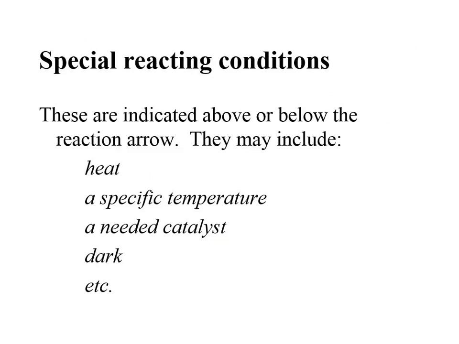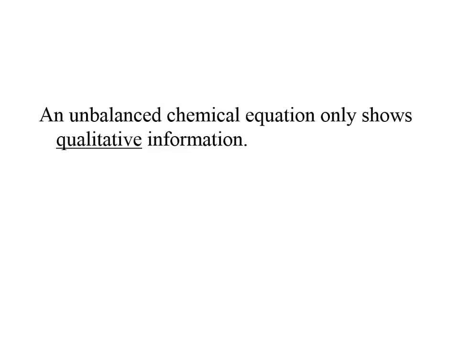Sometimes chemical reactions, in order to go from reactants to products, don't just need any sort of heat. It needs a specific temperature condition. Biology is notorious for that. Okay, it could be a pH, dark, catalyst needed.